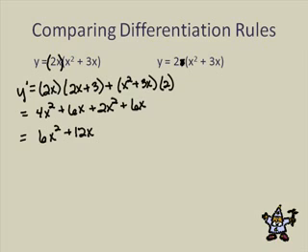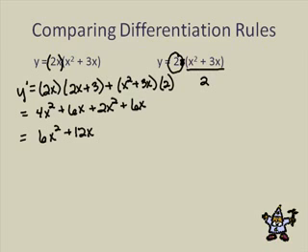So in that case, because it's just a 2, we would use our constant multiple rule, where instead of doing the product rule, we would just say, well, to do the derivative of this, because 2 is a constant, we just take 2 times the derivative of this.